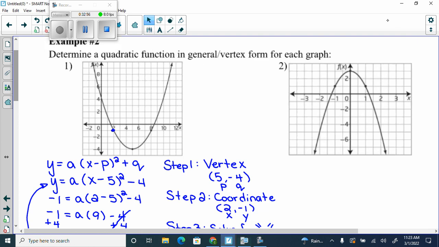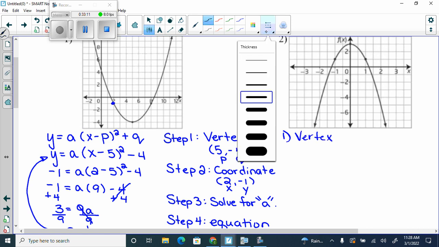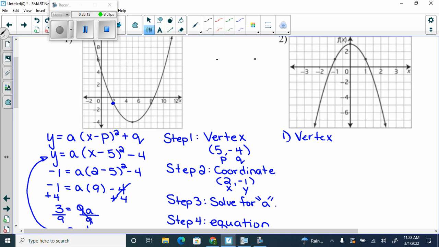Try this one out. Try out number 2. All right. So we have to first get the vertex. So the vertex of this one is at 0 and 3. So I'm going to get y equals a, x minus 0 squared, plus 3.